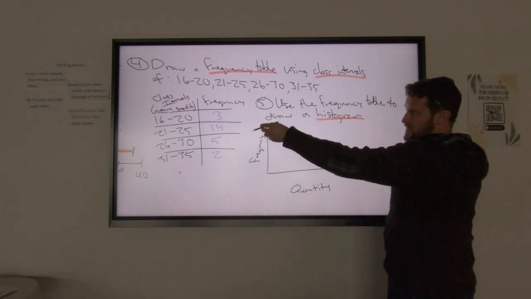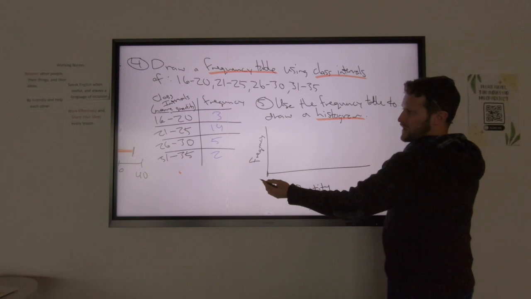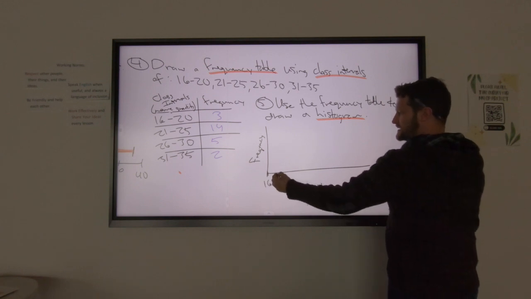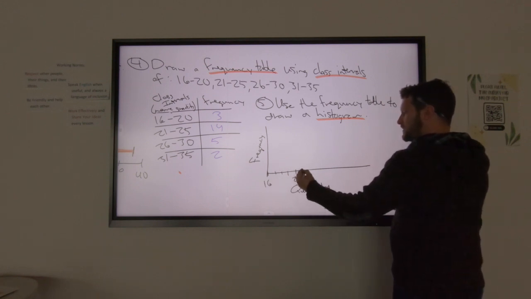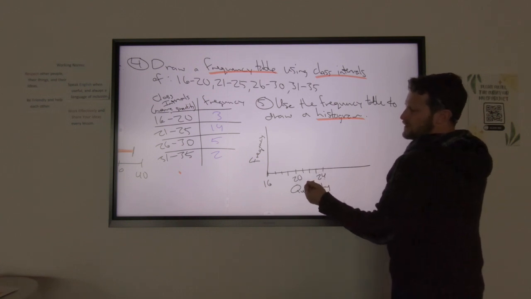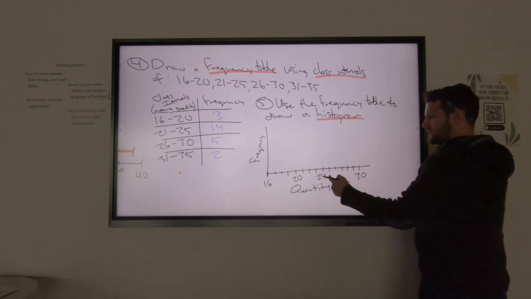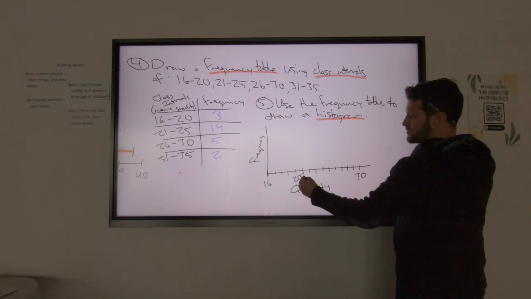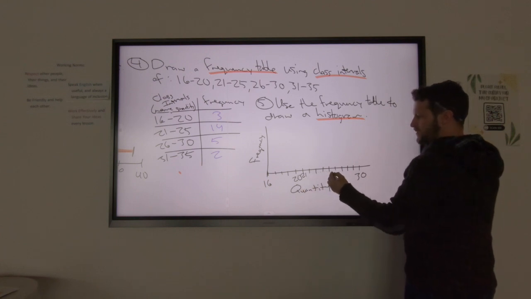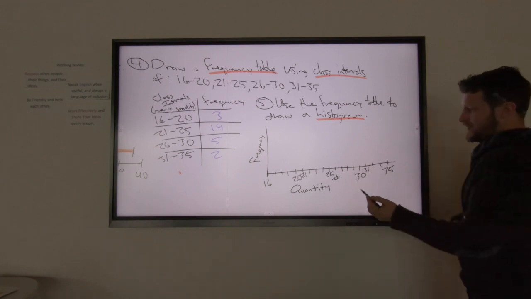We're going with these class intervals, so I'm just going to start here at 16, and let's just go 16, 17, 18, 19, 20, 21, 22, 23, 24, 25, 26, 27, 28, 29, 30. So I guess it was 21 through 25, 26 through 30, and 31 through 35. And then I would be displaying our frequency.